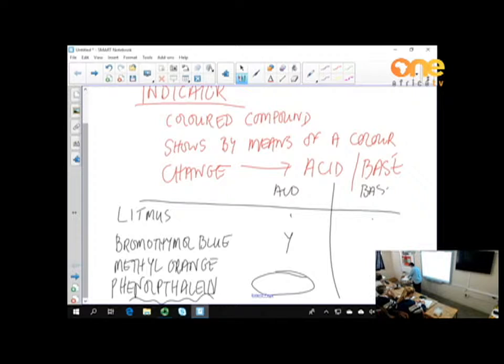In your textbooks, there on page 74 is the definition of an indicator. Then on the next page, table 5.1, they show color changes of some common indicators. And now it starts to become a little bit more complicated. Look at litmus.